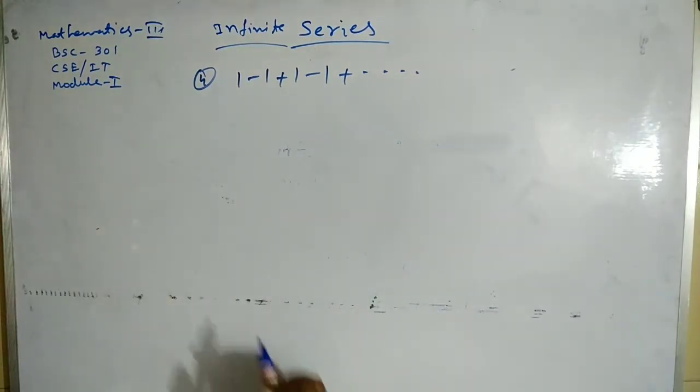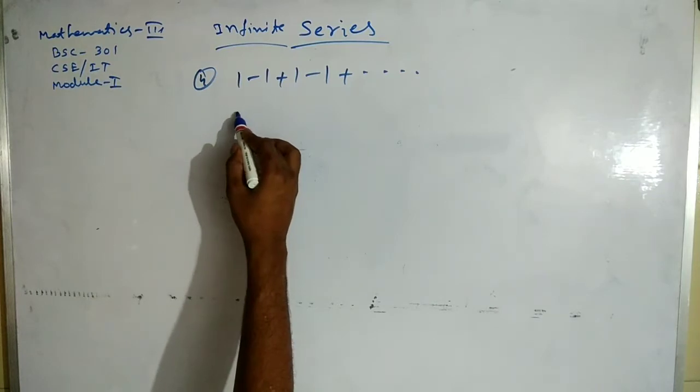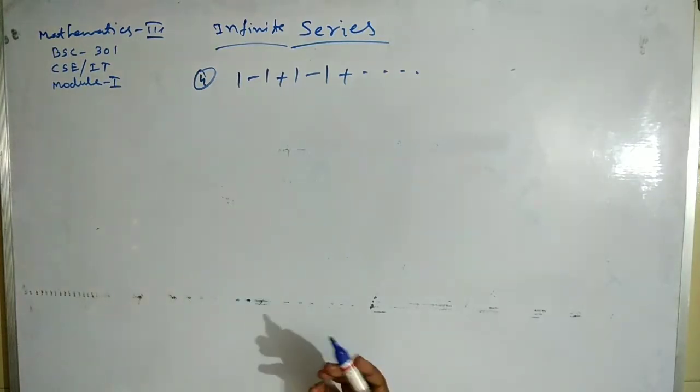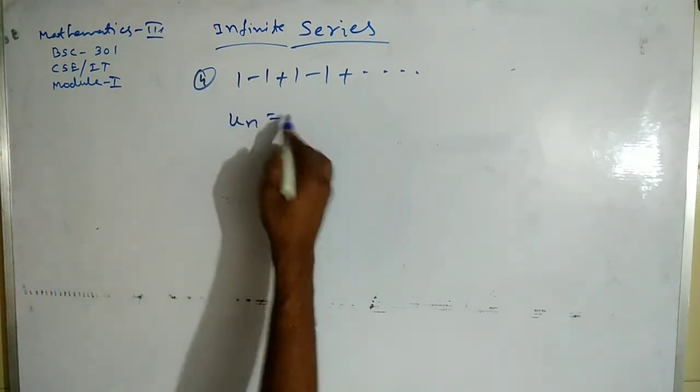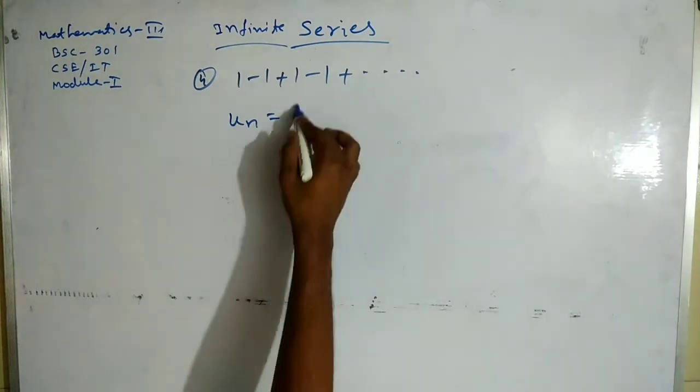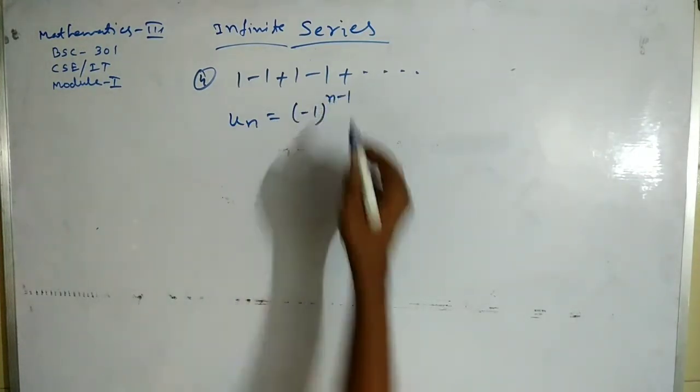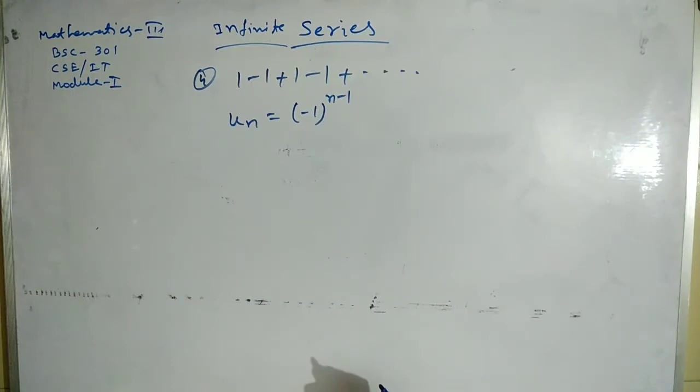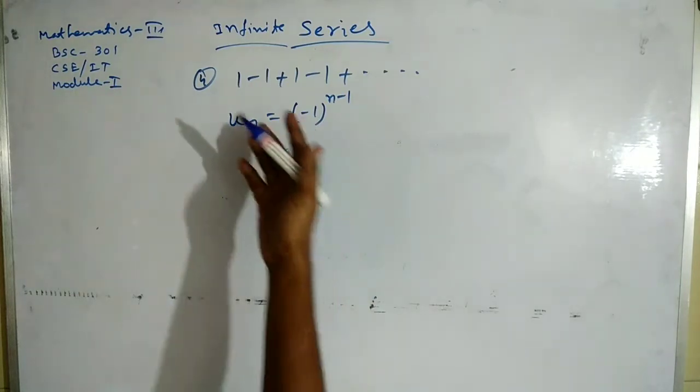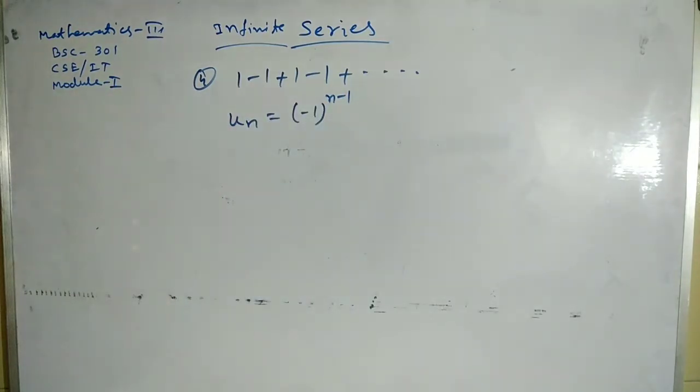Now here you can see that this is an infinite series. Now what will be un? Un will be minus 1 to the power n minus 1. Okay, so this is the nth term of this series.